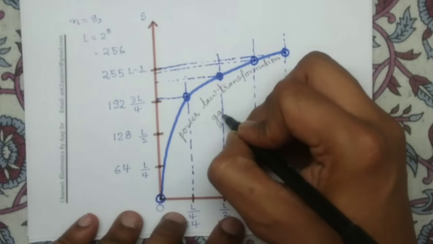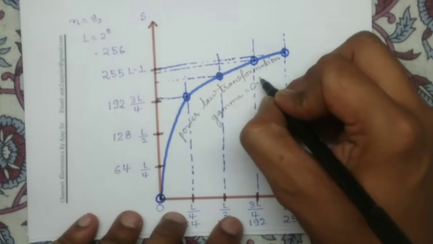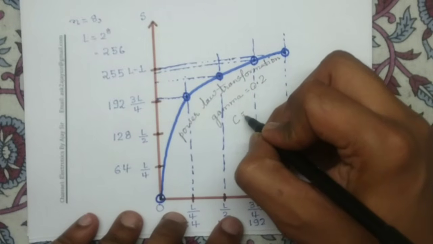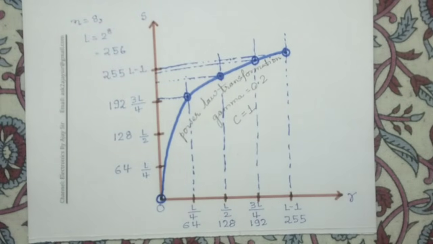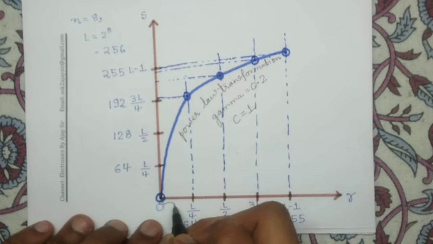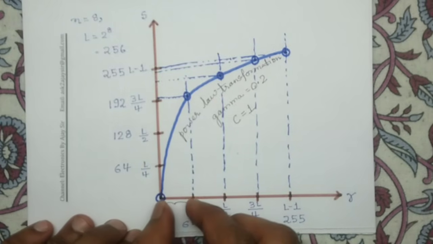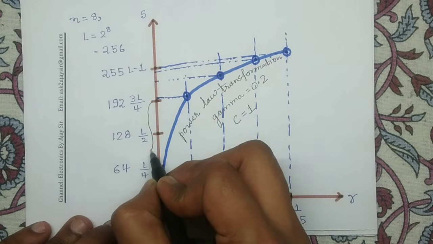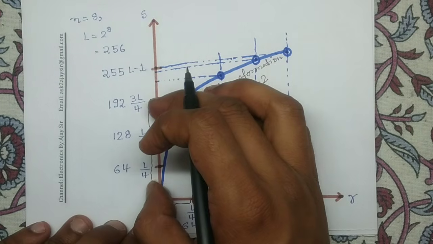Considering the gamma value equals 0.2, and the value of this constant C we have obtained was 1. Now let us understand this curve. When my input intensity varies from 0 to 64, in the input side my difference is very small, but in the output side I am getting a very wide output.